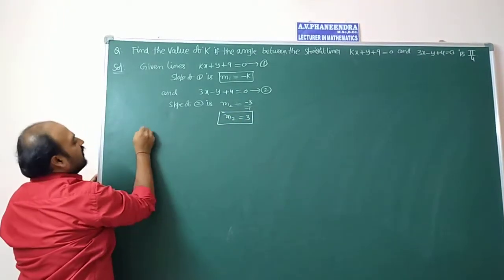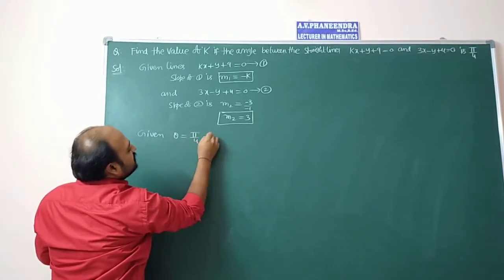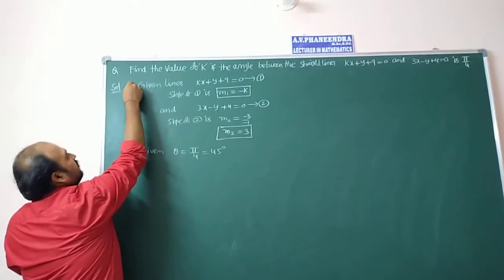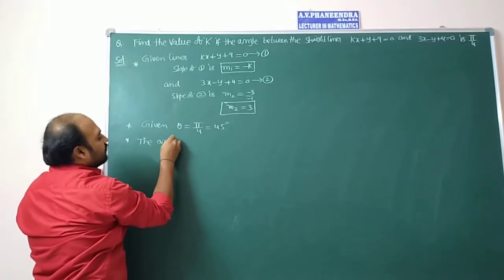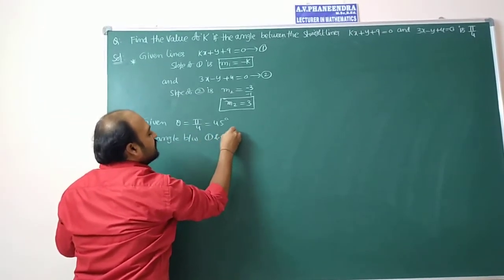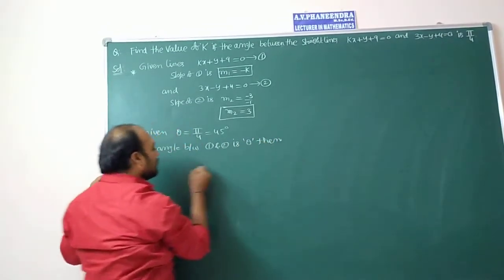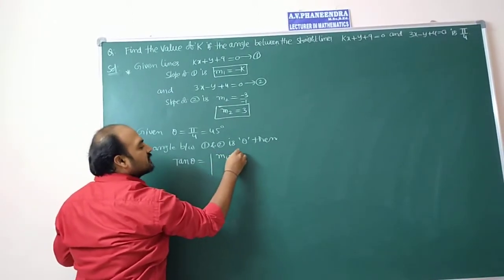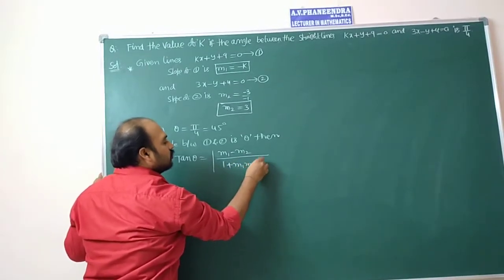In the next step, given theta is equal to pi by 4, that means 45 degrees. We have the formula: if the angle between lines 1 and 2 is theta, then tan theta equal to mod of m1 minus m2 divided by 1 plus m1 m2.